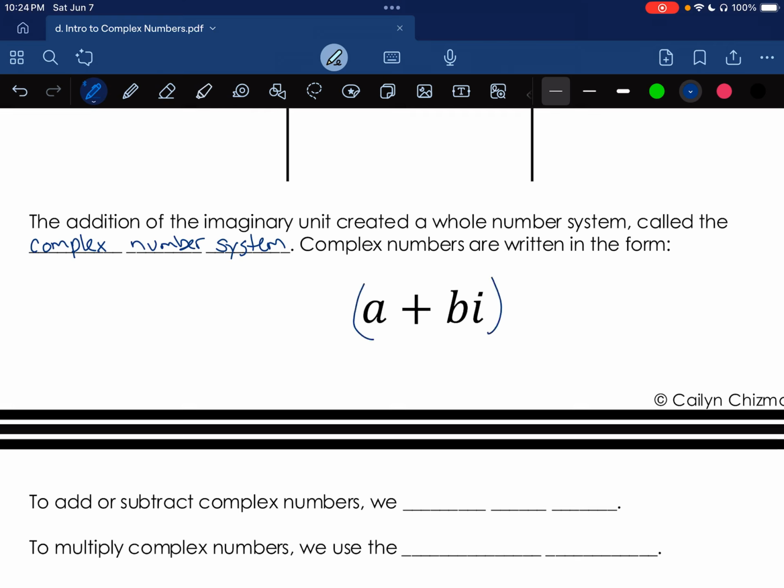This a here is what's known as the real part, because it's a real part. This bi here is the imaginary part, because it's got the imaginary unit i. And a and b are real numbers.